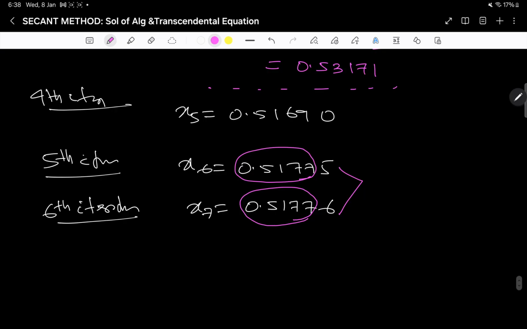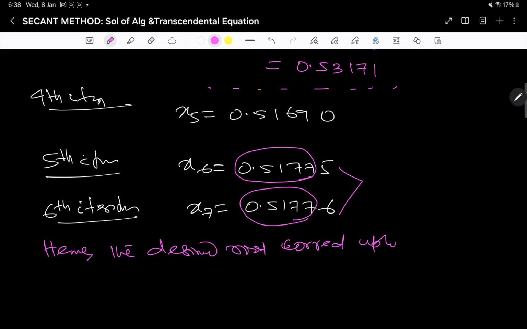Hence the desired root correct up to 4 decimal places is 0.5177.